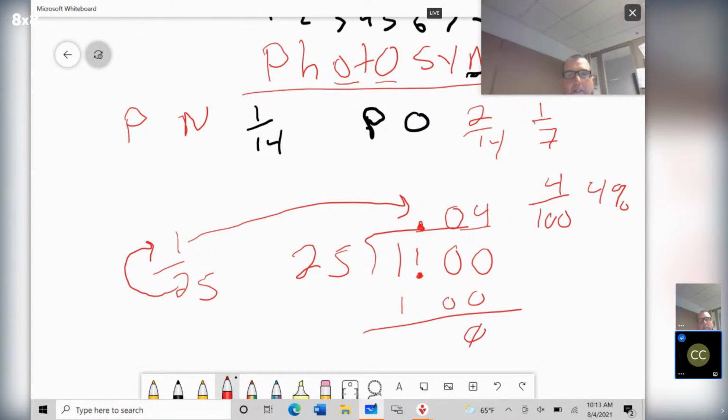Part of it is you're using probability, but we're also using some of the skills we learned before when we did fractions and decimals. So just remember, whenever you get a fraction like 1/25th to convert it to a decimal, you're going to divide the denominator, in this case 25, into the numerator, the top number, which is 1.